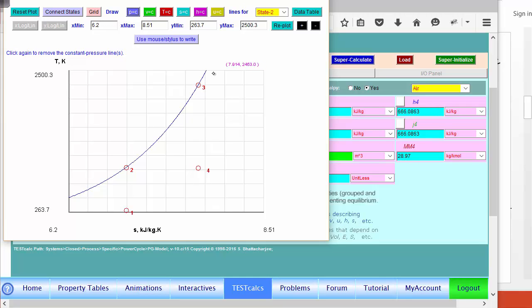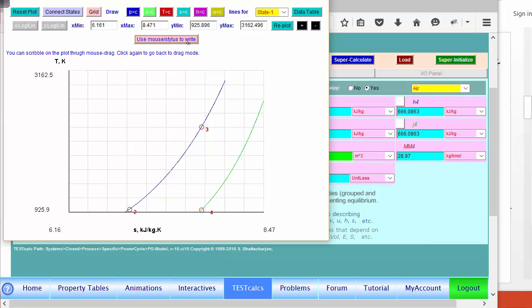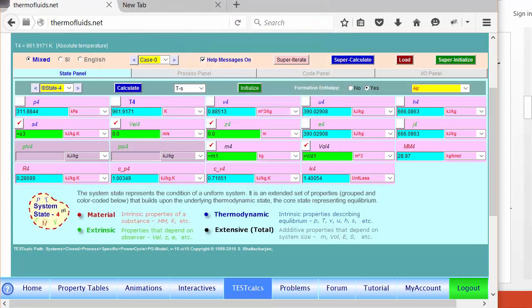And if we draw a constant volume line through state 1, so we select state 1, and we draw a constant volume line, it must pass through 1 and 4. And of course, if we draw isentropic lines, they are obvious vertical lines, so we see that we get back what we presume the Diesel cycle to be.